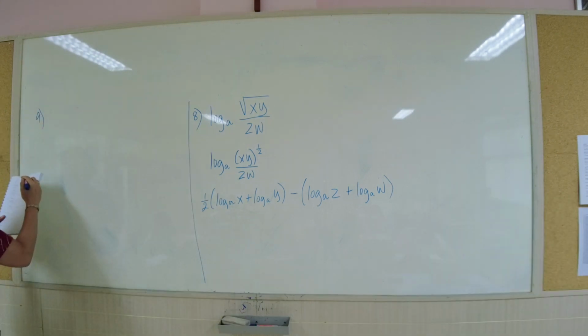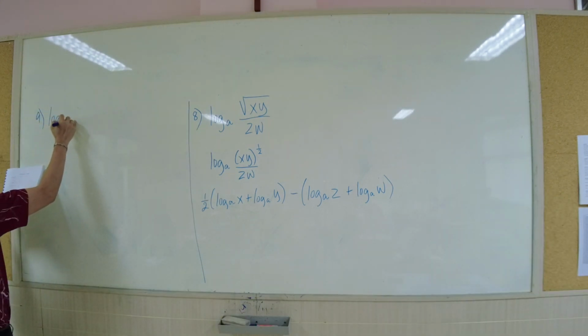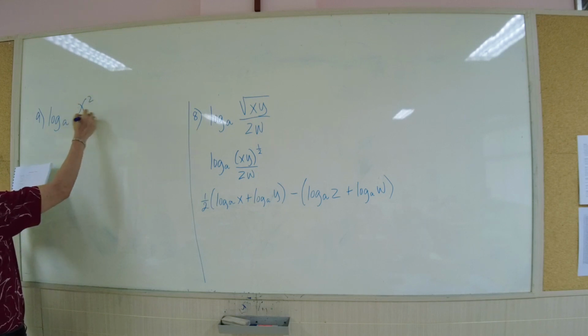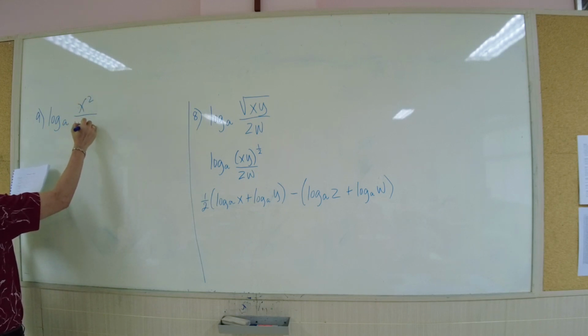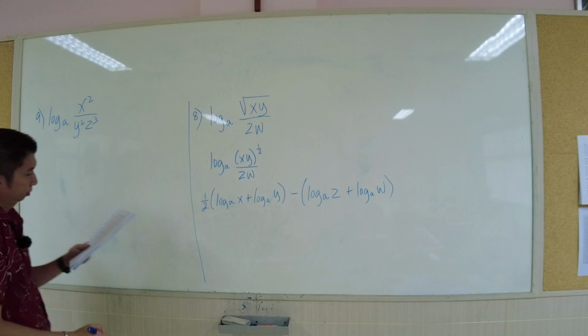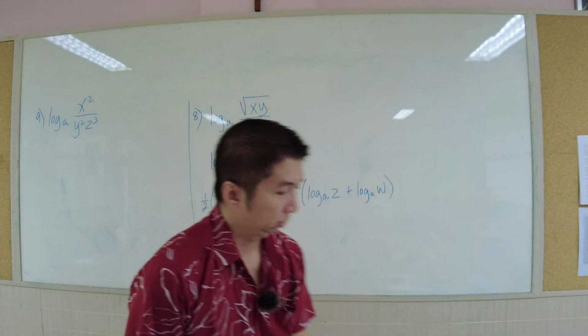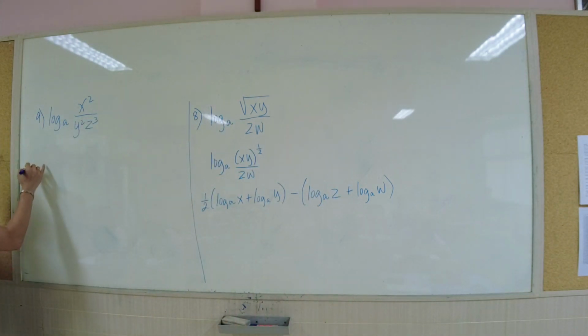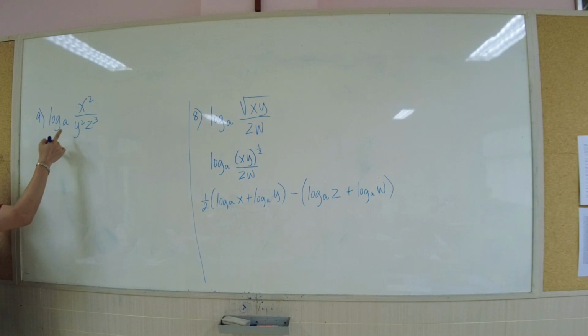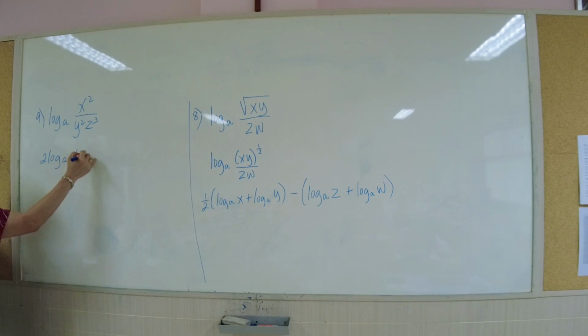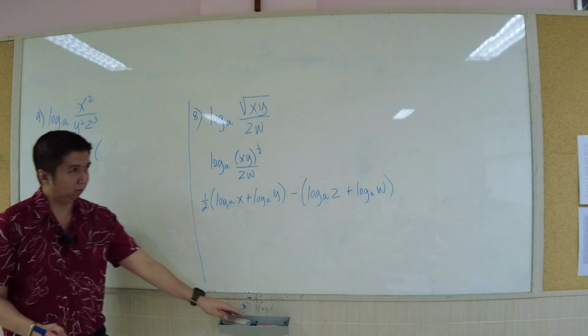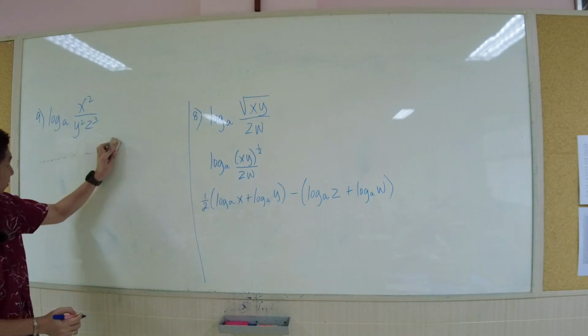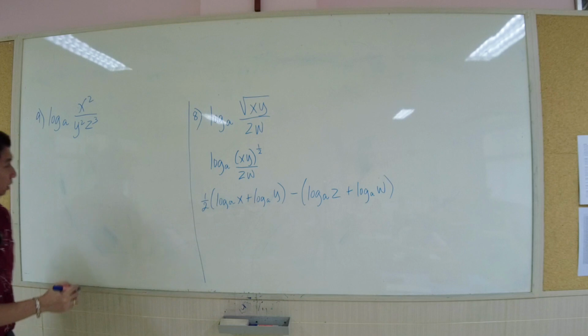For 9. X power of 2. So we have 2 logarithm of x minus, or do you want step by step? Step by step.